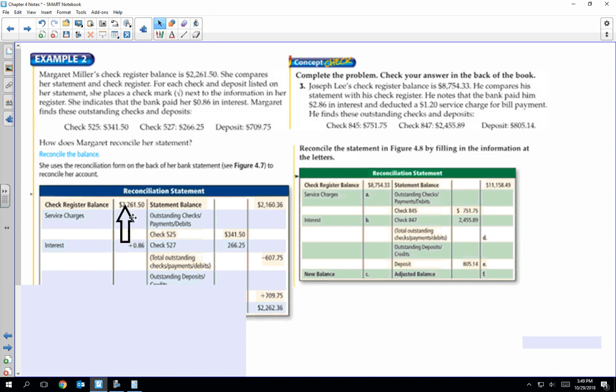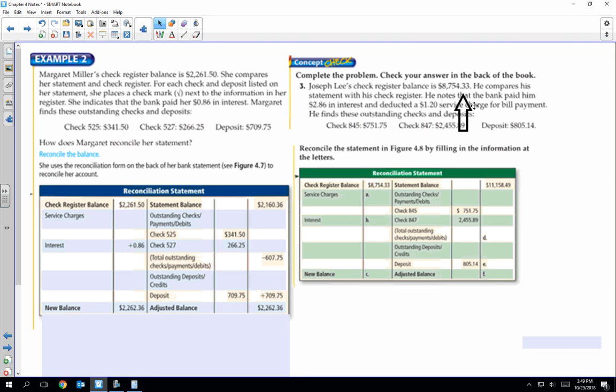Now we just need to make sure that our check register matches this. Right now they don't match, so we have to add in 86 cents in interest. When we do that, we then get our balance of $2,262.36.